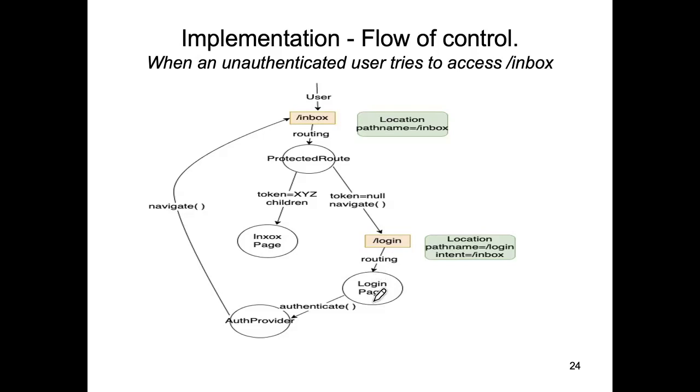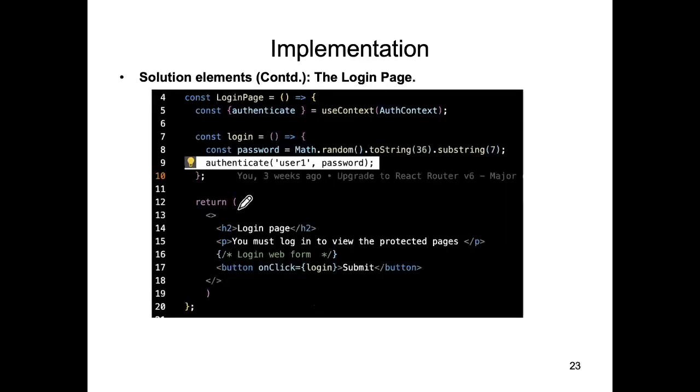So the login page mounts on the screen and it executes. In particular, it calls the authenticate function stored in my context. I'm going to go back again to check that. Is that right?